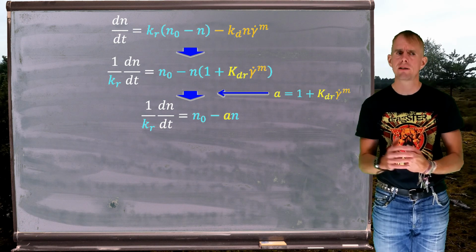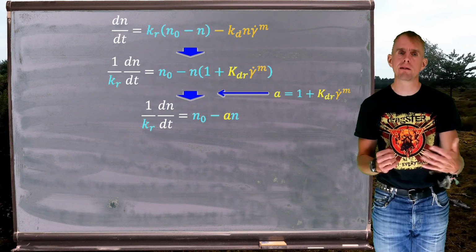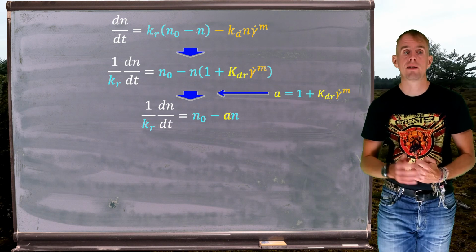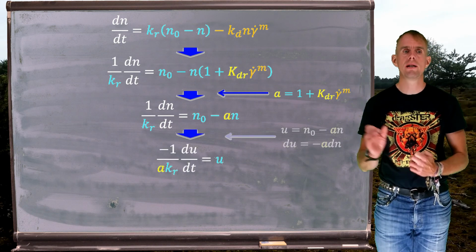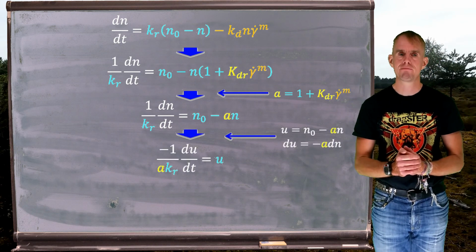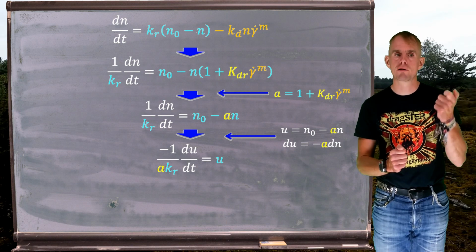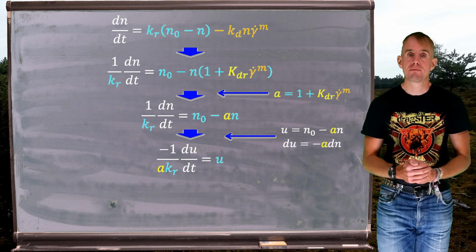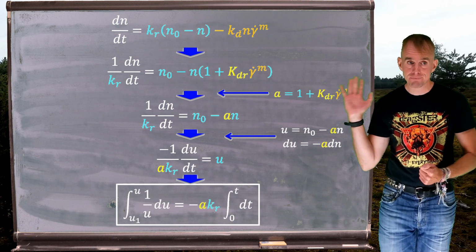If we squint and look at that, we can see this is a logarithmic type integral. Let's make this nice and easy. Let's substitute the right hand side, and say that u equals n naught minus an. On the left hand side, minus 1 over a kr is simply du by dt. So the integral we end up with is written here on the board.